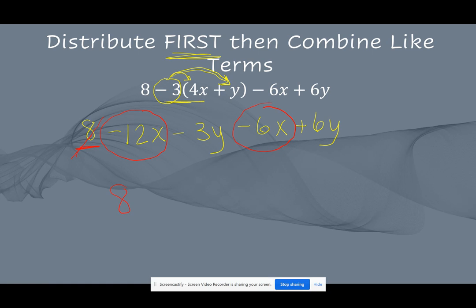So we have -12x minus 6x is -18x. And now we're done with those. And then lastly, we have -3y, and here's another y term. So we have -3y plus 6y gives us plus 3y. So our final answer becomes 8 minus 18x plus 3y.